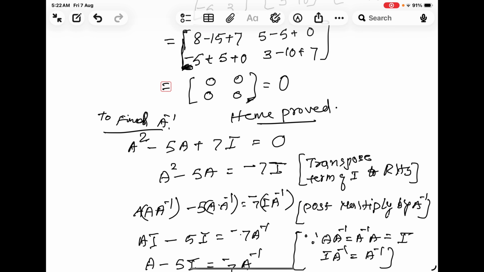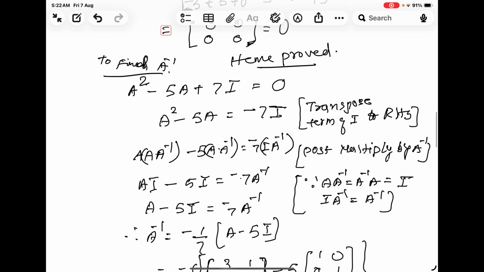Then to find A inverse from that: A square minus 5A plus 7I equal to 0. Transpose the term of I to the right-hand side. That is A square minus 5A equal to negative 7I. Then post multiply, that is multiply all the terms of this equation by A inverse. A inverse into A is pre-multiplying. A into A inverse is post multiplying.